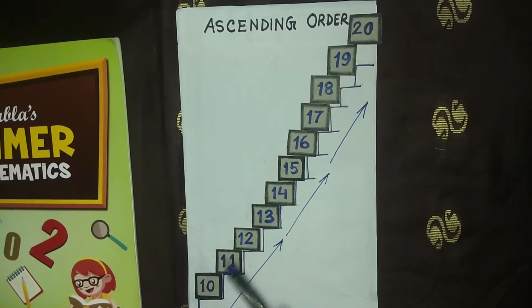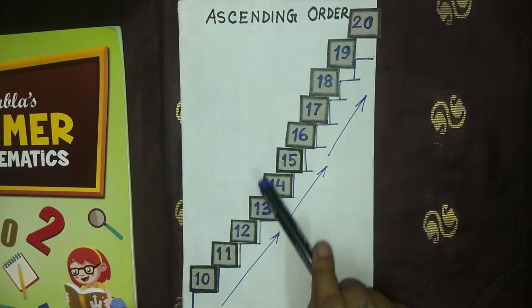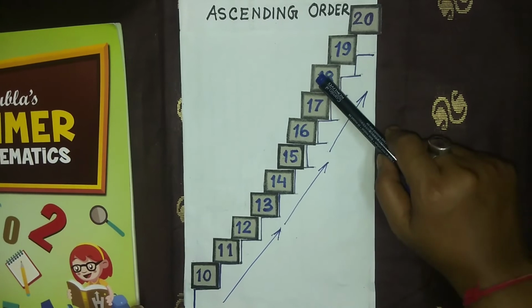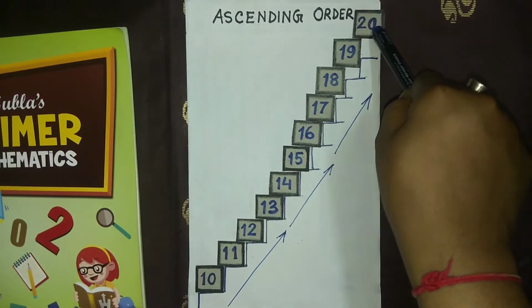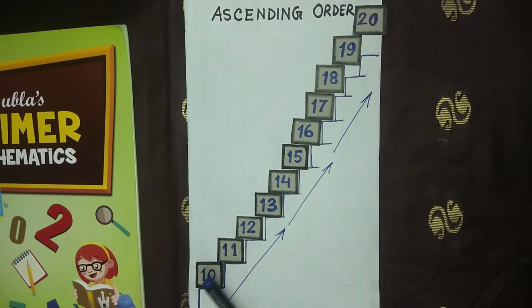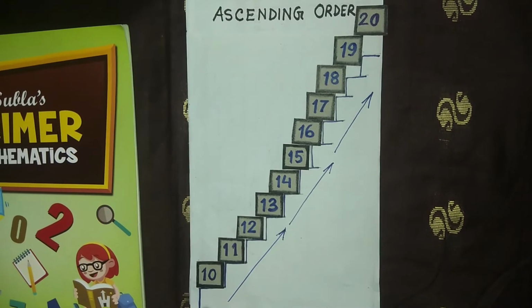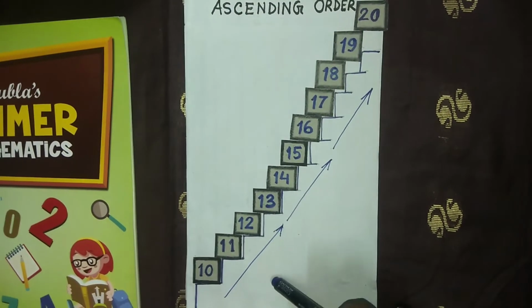So I am putting 11 here. 10, then 11, 12, 13, 14, 15, 16, 17, 18, 19, and the last and biggest number here is 20. So this is the way you have to arrange numbers in ascending way.